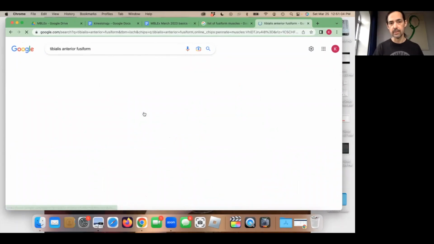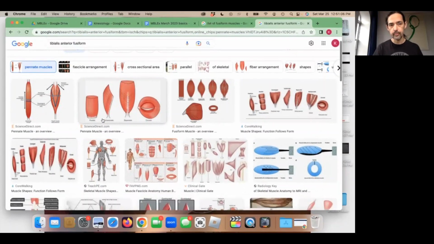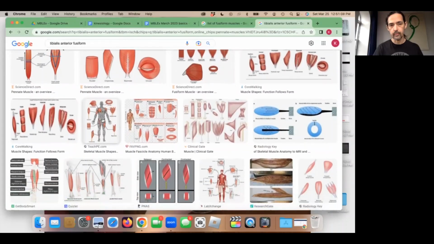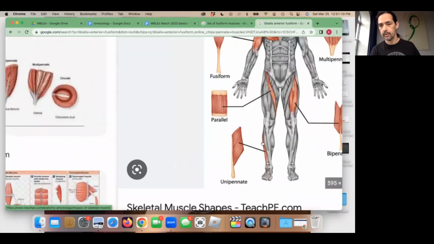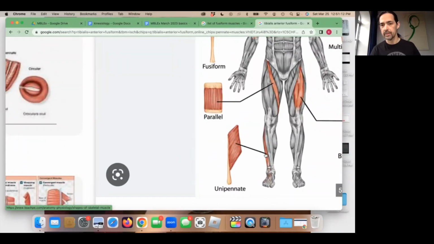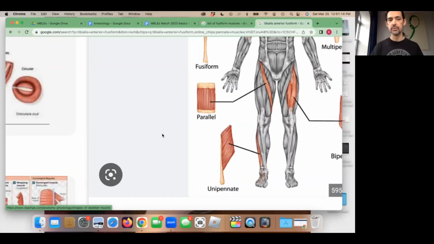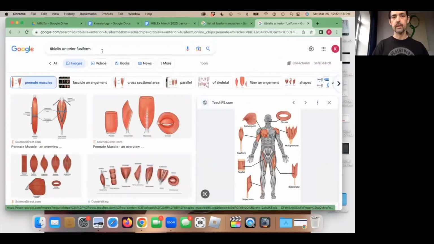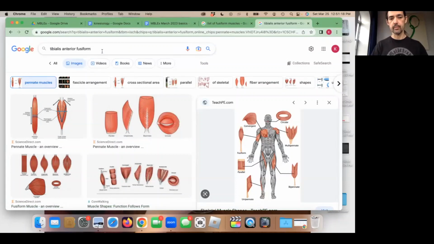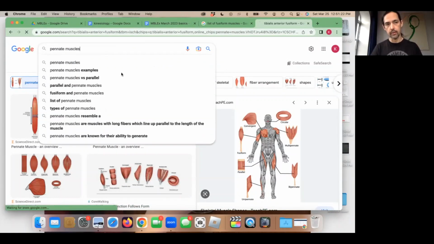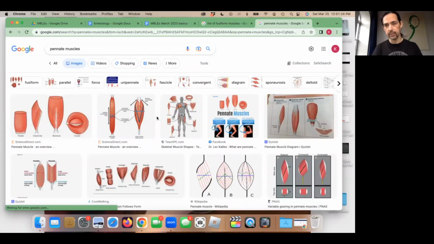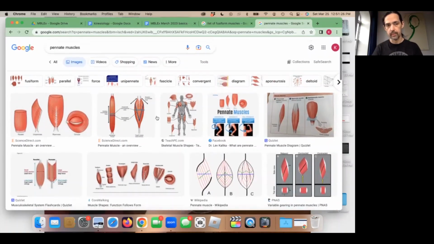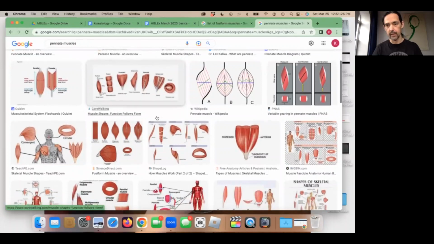So pennate muscles. Unipennate muscles include the extensor digitorum longus muscle, and I don't think you have to know exactly which ones are pennate, which ones are unipennate and bipennate and all that.